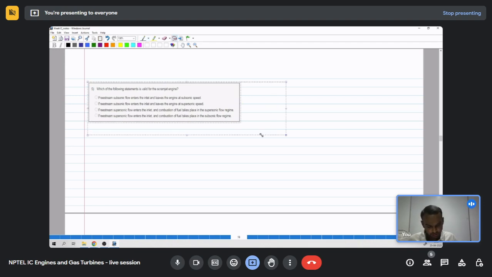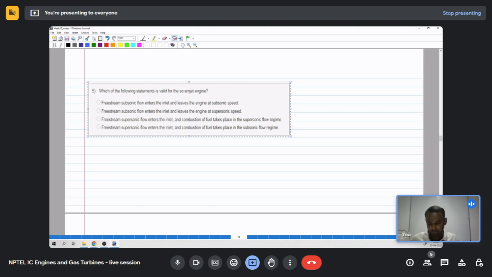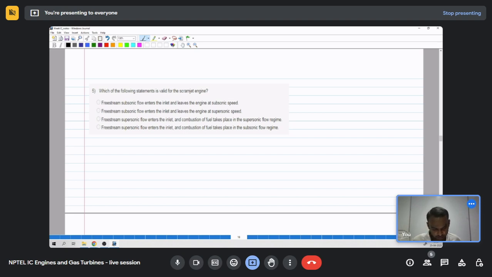Which of the following statements is valid for a scramjet engine? Free stream subsonic or supersonic flow enters the inlet and leaves the engine at subsonic or supersonic speed. The free stream enters at supersonic flow, and combustion of the fuel takes place in the subsonic or supersonic flow region.